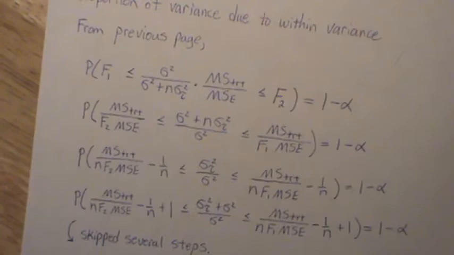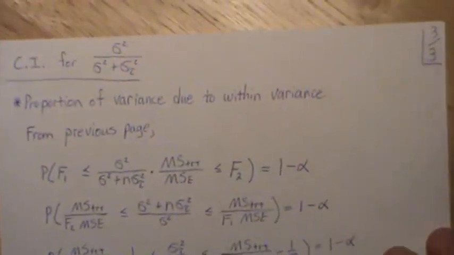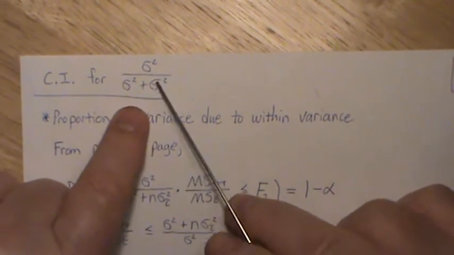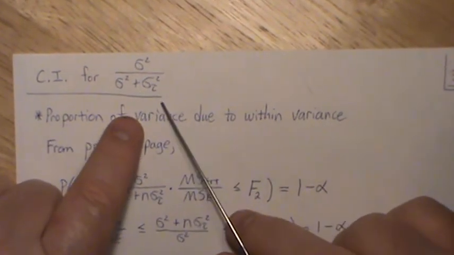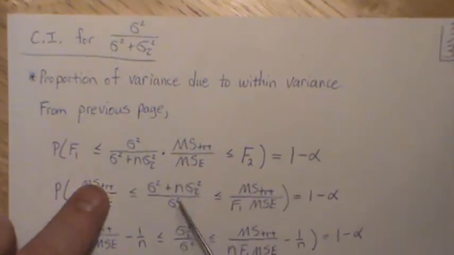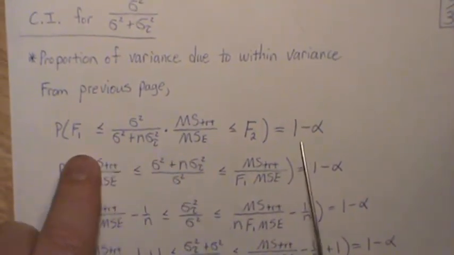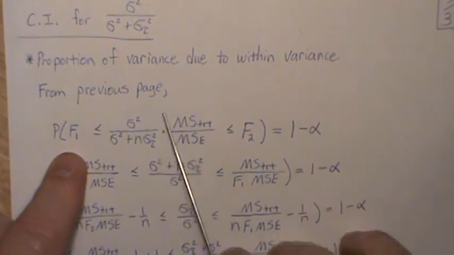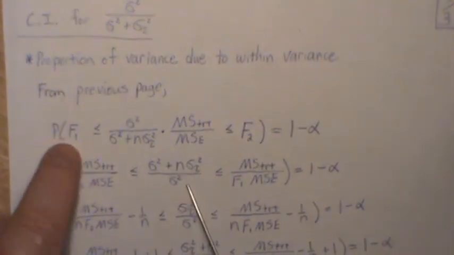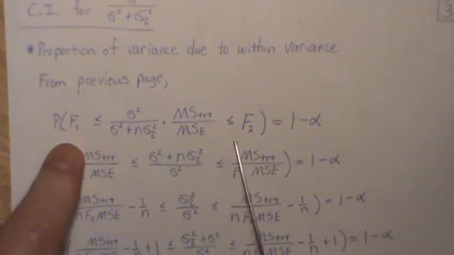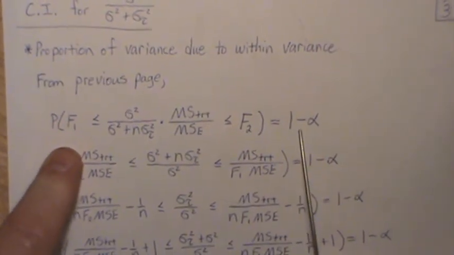Now a confidence interval for the within variance, which is sigma squared over sigma squared plus n sigma tau squared. So from the previous page, this relationship holds, right? This is the F random variable. We just call those F1 and F2, the cut points in the tails that make this probability true.